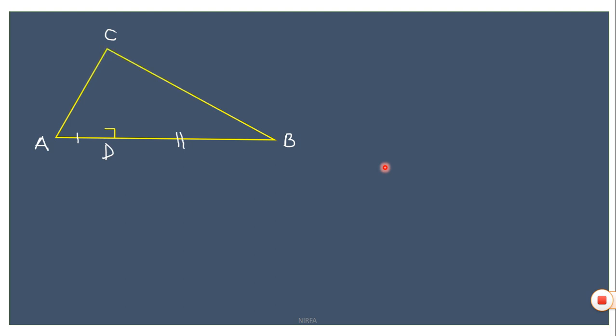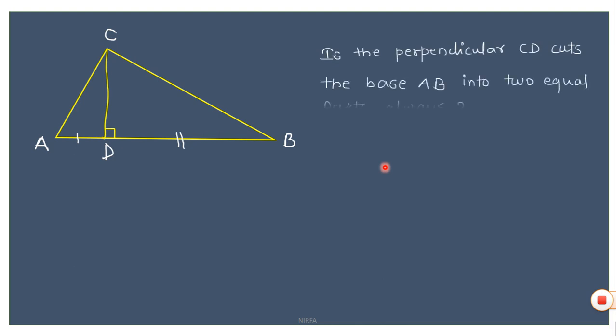This is a triangle ABC, and draw a perpendicular through the point C on the side AB at D. So CD will become the altitude, or you can call CD the height of the triangle ABC. Now the question regarding this figure is, does the perpendicular CD cut the base AB into two equal parts always?